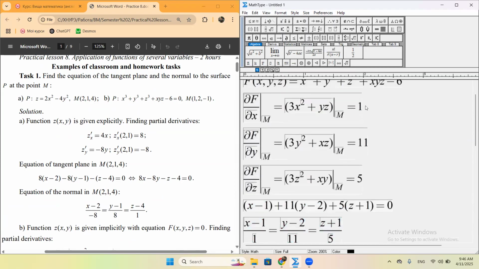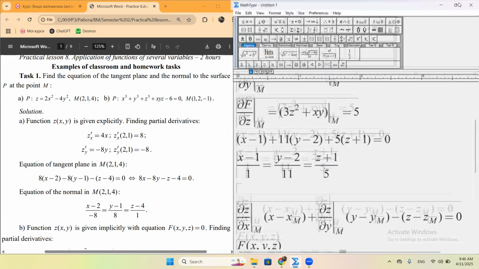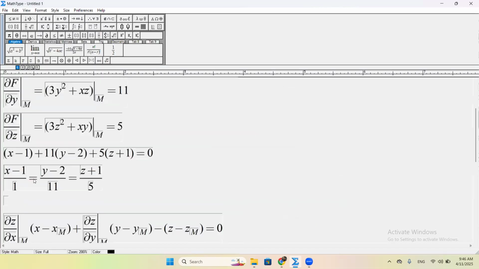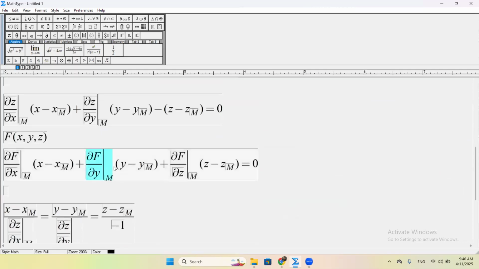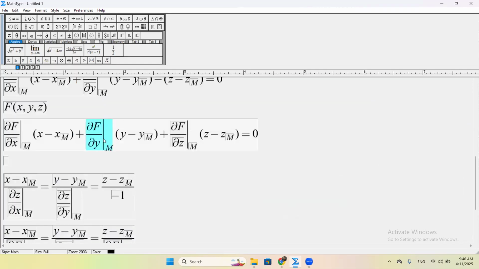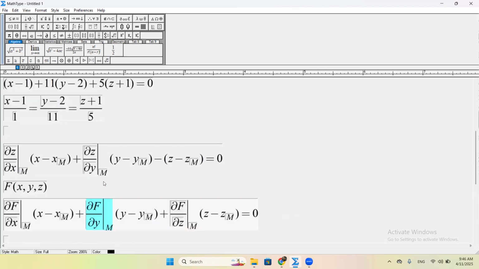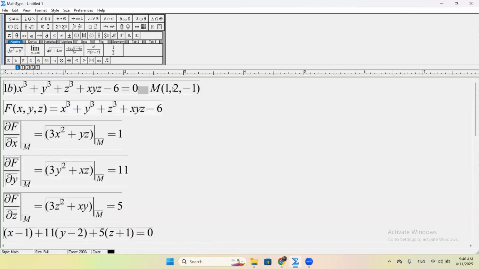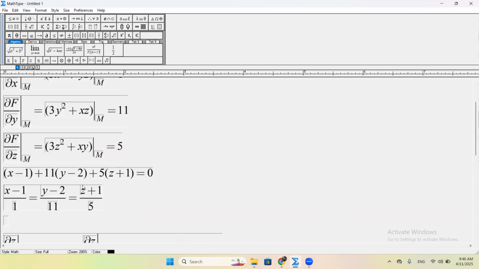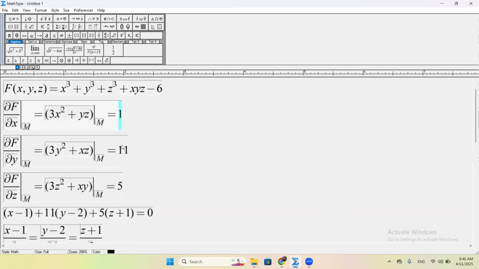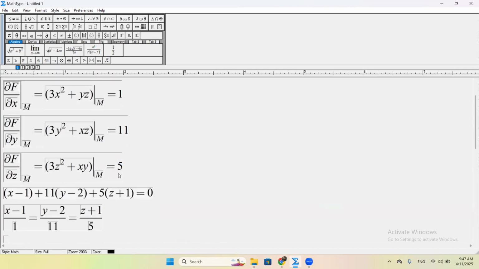These coefficients are the values of the partial derivatives at point M. So actually this is the normal vector for the tangent plane and the direction vector for the normal straight line. Yeah, thank you. I understand. More questions?